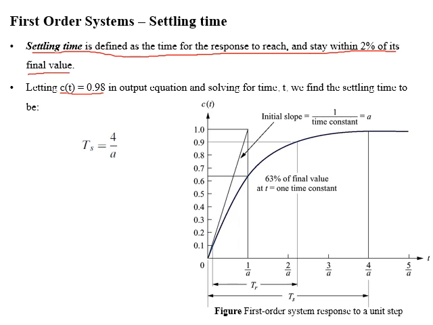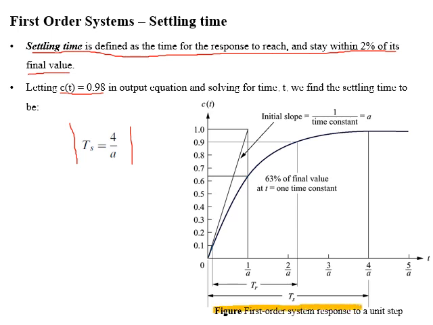For settling time, we will substitute the output of the system, c of t equals 0.98, in the output equation of the system. So we get settling time equals 4 divided by a, or this is also equal to 4 tau, as studied in previous slides.